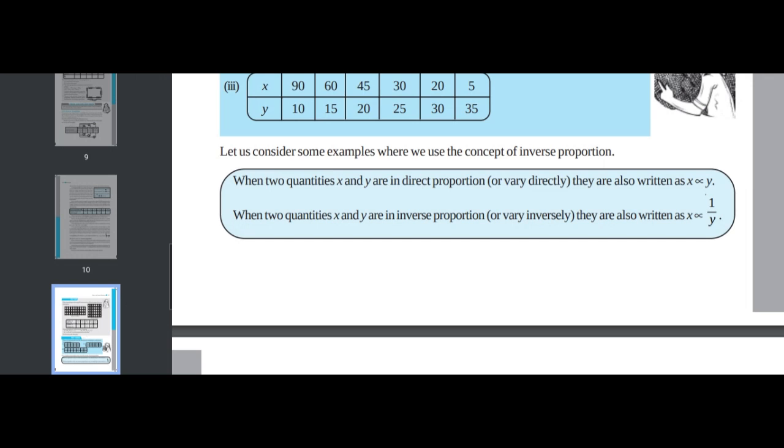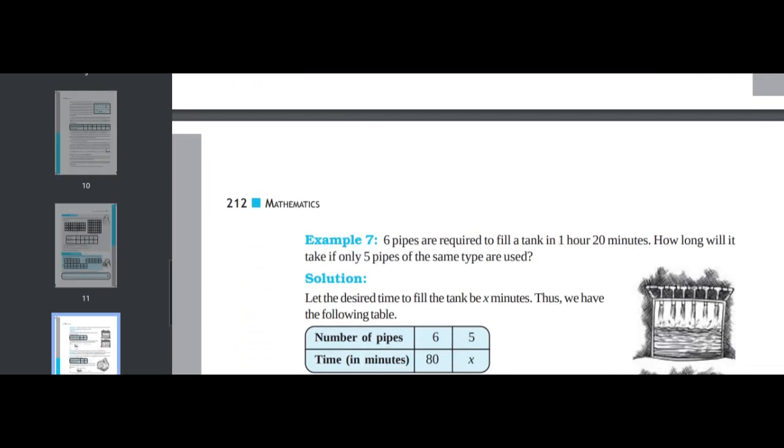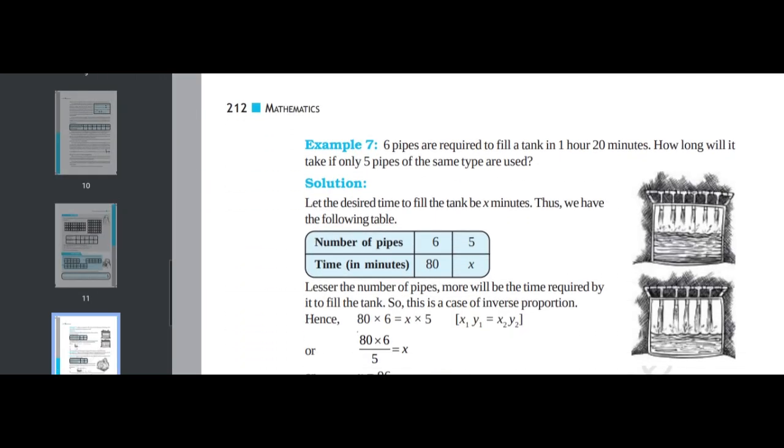For example, Zahida can run work cycle, and the formula for inverse is x1 y1 equals x2 y2.